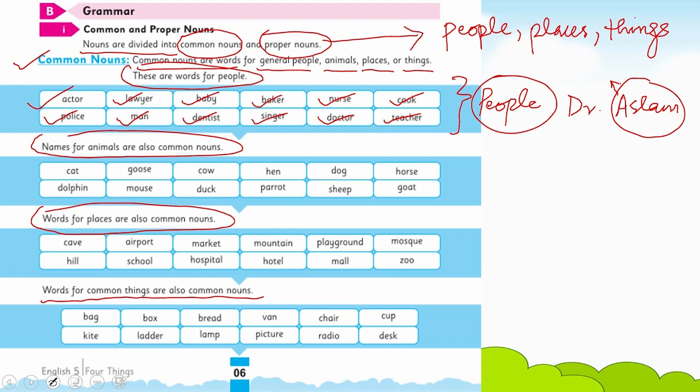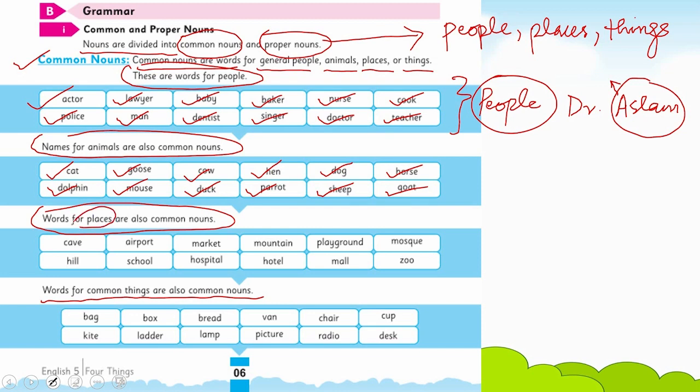The next category is of animals. Cat, goose, cow, hen, dog, horse, dolphin, mouse, duck, parrot, sheep, goat. They all are general animals. That is why they are termed as what? Common nouns.